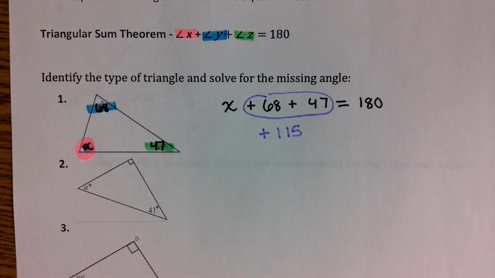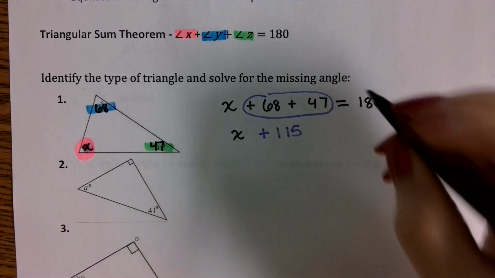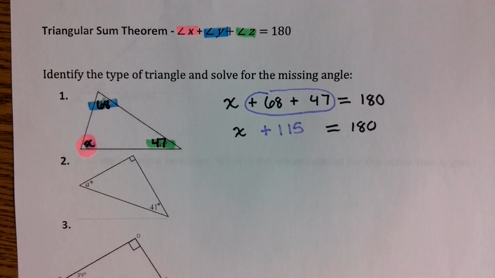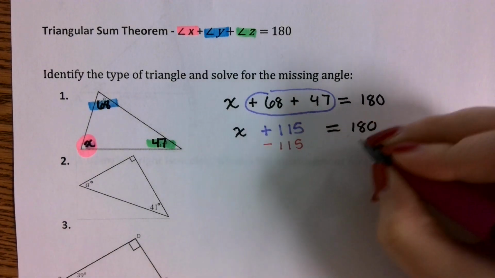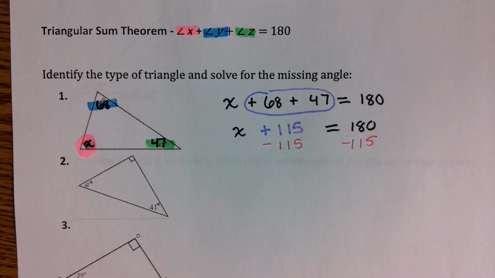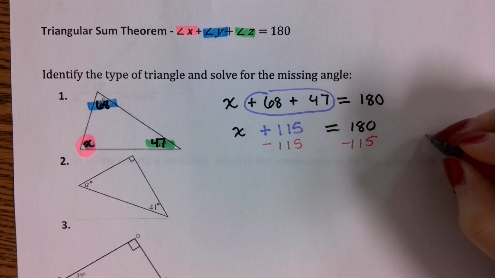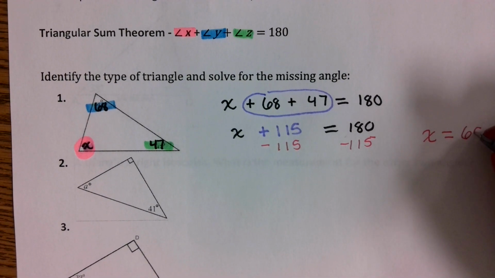So we now have X plus 115 is equal to 180. From there, we can go ahead and solve for X. What's the inverse operation that I need to do? Angel? Good. We're going to subtract 115 on both sides. If I recall, Angel, this was like your best unit, equations, wasn't it? Yeah. So once we've done that, we'll get X by itself. X is going to be equal to 65 degrees.